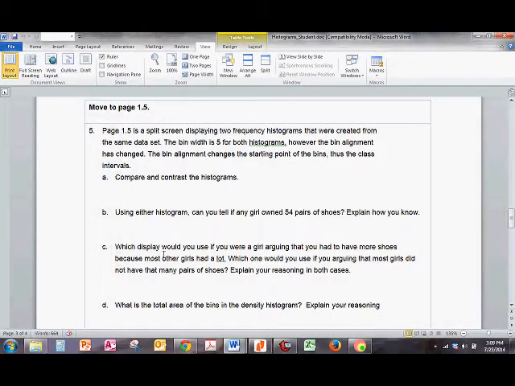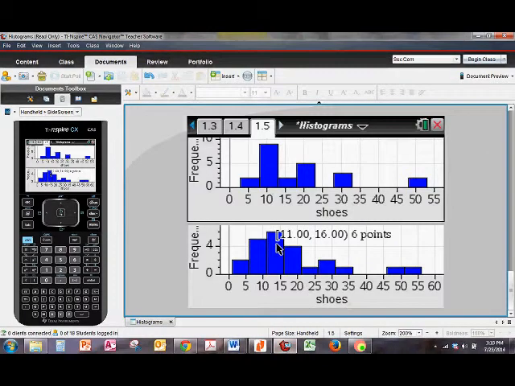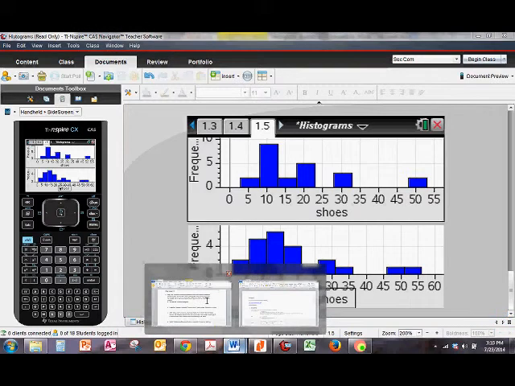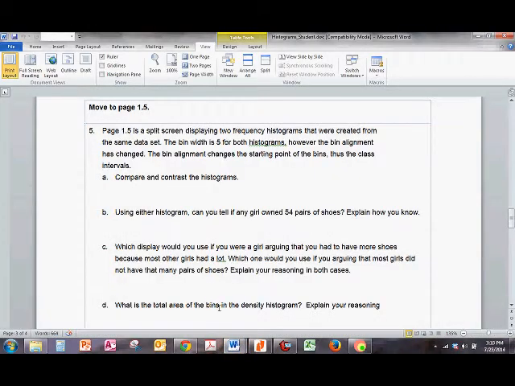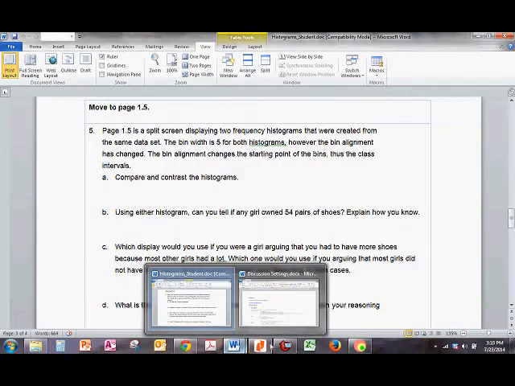So, in part C, which display would you use if you were a girl arguing that you had to have more shoes because most other girls had a lot? So what I'm thinking, if I had to pick one of these, which histogram would I use if I wanted to argue that I had to have more shoes?